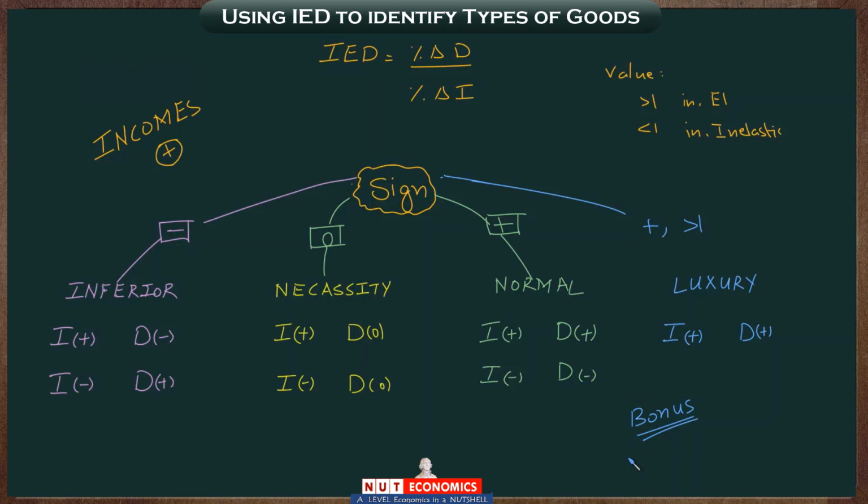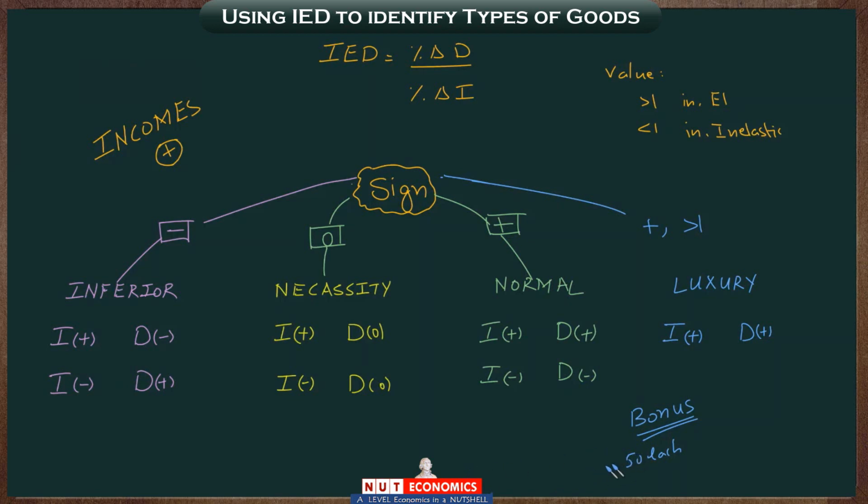Let's say you get half a year's salary as a bonus, say 50 lakh rupees, or whatever amount. Now, you won't start consuming a lot more of the food items that you do in your normal everyday routine. You won't start using more cooking oil. You won't start using a lot more petrol, because all of these things are necessities you were already consuming as much as you had to. So maybe you increase a little bit, but not that much more.